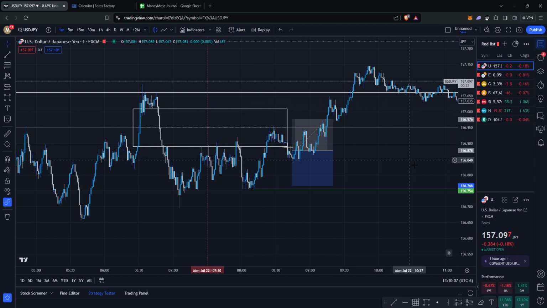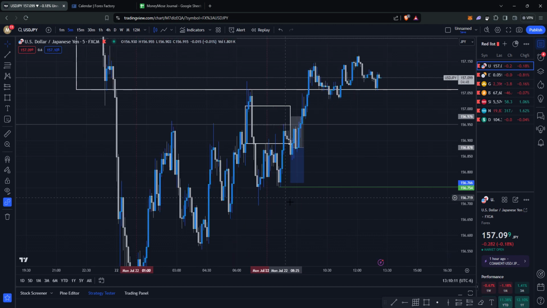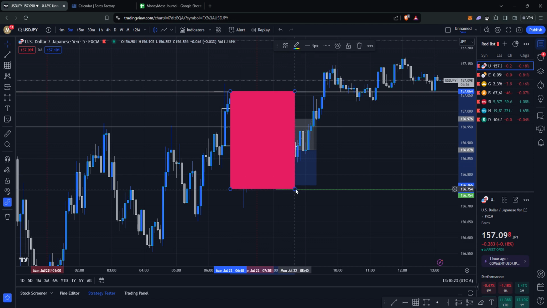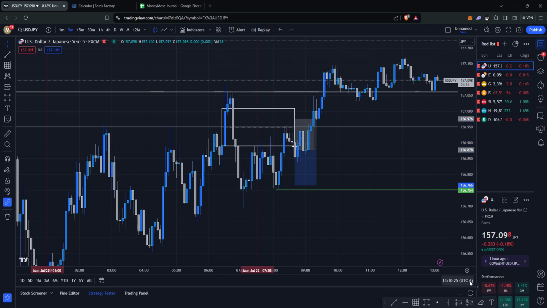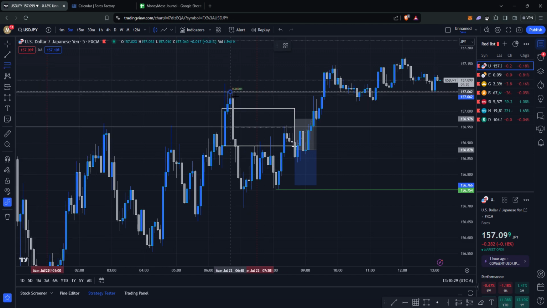So I came in here, and I also drew in our range equilibriums from, I want to say, these. Oh my god, my Gann box has been messed up today, so I've been using the fib. I forgot that I literally have to use the fib because my Gann box is broken.